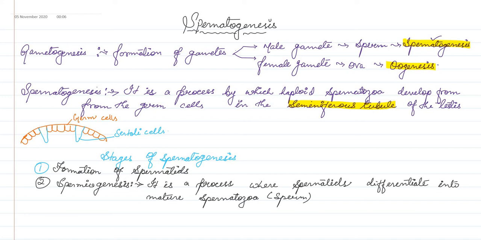Okay, spermiogenesis is a process where spermatids differentiate into mature spermatozoa.